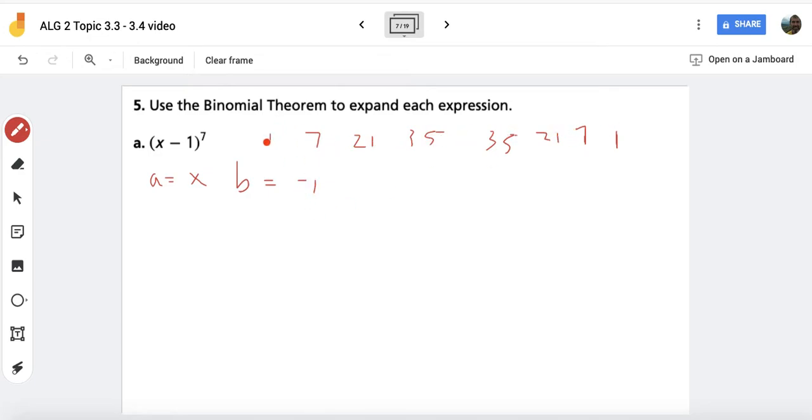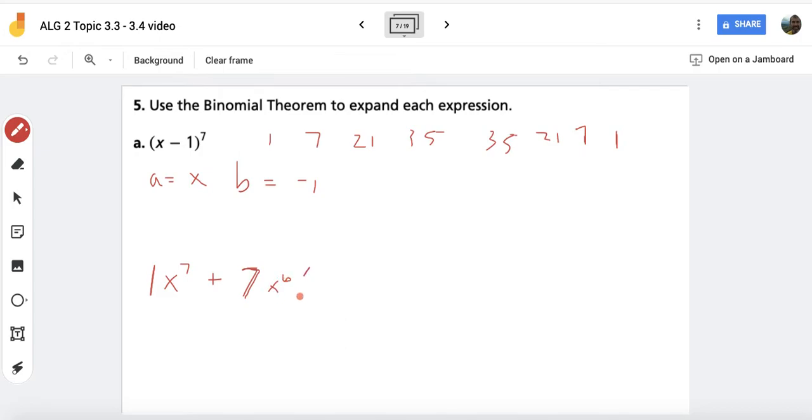So I start off with 1 x to the 7th power, and B is to the 0 power, so I don't even have this at all. Then I go to the next term, which is 7 for a coefficient, at least initial coefficient. It's going to change. 7, and then I drop this down 1 power, so it's x to the 6th power.